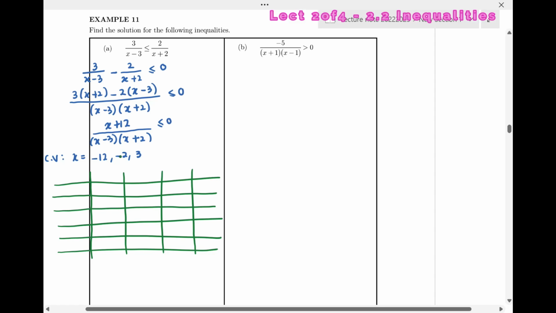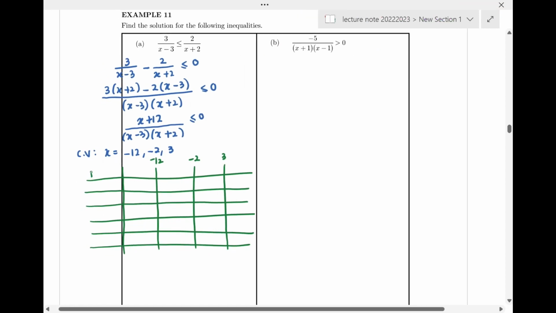So we start with negative 12 here, and then negative 2, and then 3 over here. The first row is the interval. The second one is the value of x. And then here is x plus 12, the one in the numerator. And then x minus 3. And then x plus 2. And lastly, the conclusion.